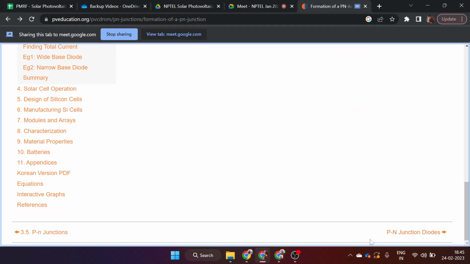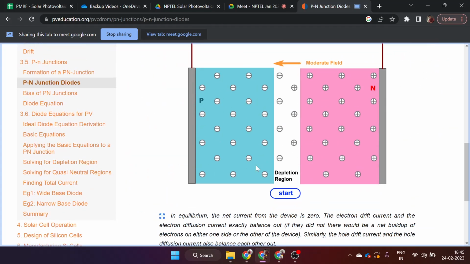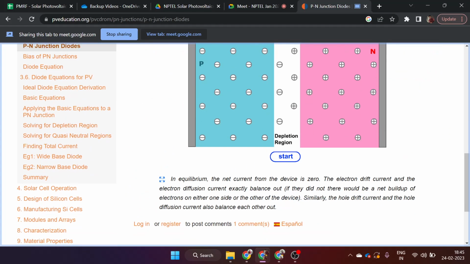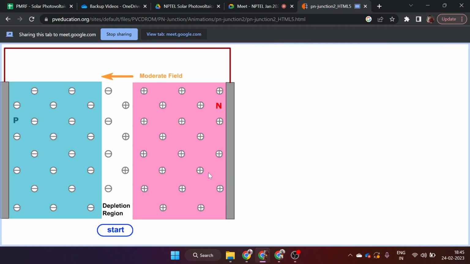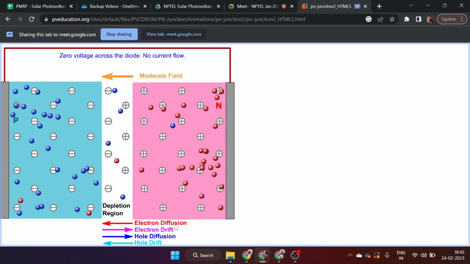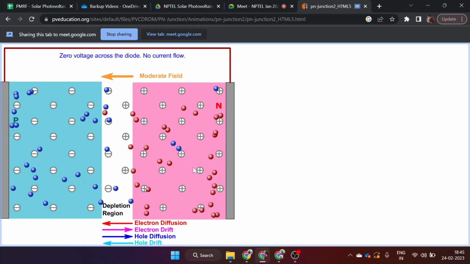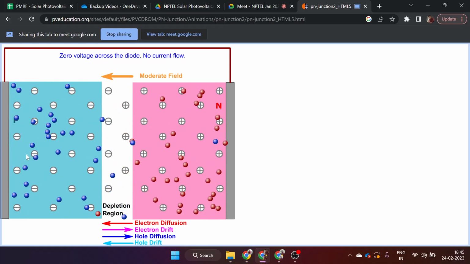Now let's move to the next one. So now this is an equilibrium condition. Equilibrium means we are not biasing this system. And now let's see the movement of those electrons and holes. See, this is the electron diffusion. This is an N-type semiconductor. There are more electrons, so they will diffuse in this direction.